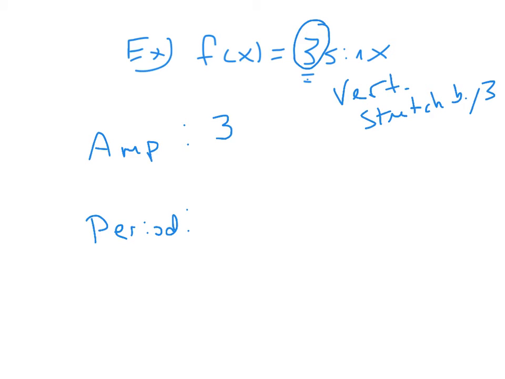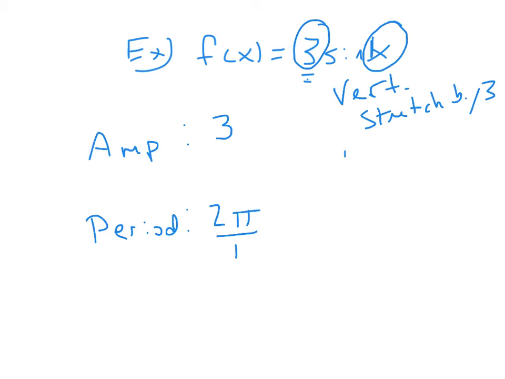Now, the period of the function is going to be normally 2 pi, but that needs to be multiplied by any horizontal stretch or shrink. Now, the horizontal stretch or shrink is found by looking at the number in front of x, which in this case is just 1. So there has been no horizontal stretch or shrink here. So the normal period was 2 pi over 1.